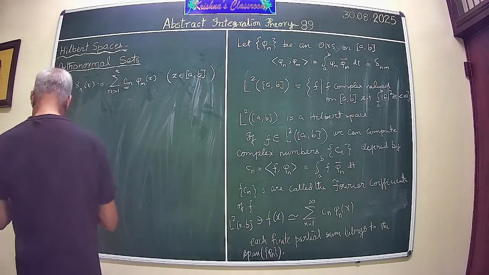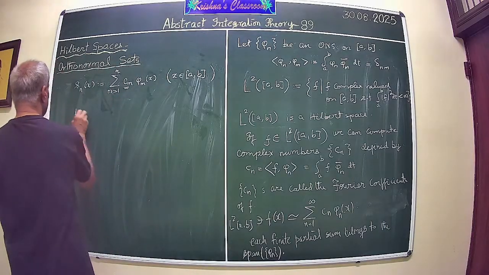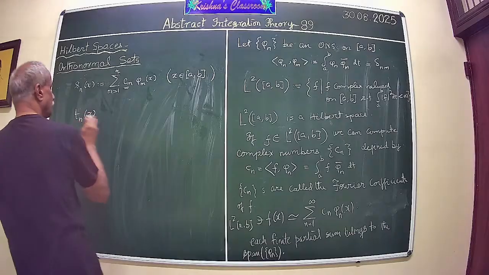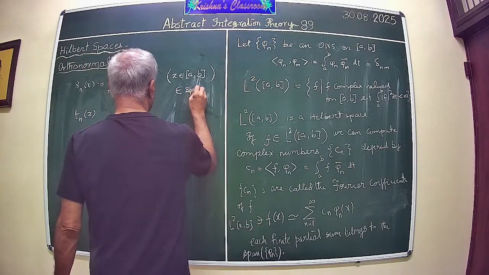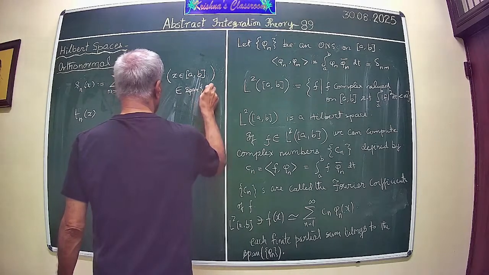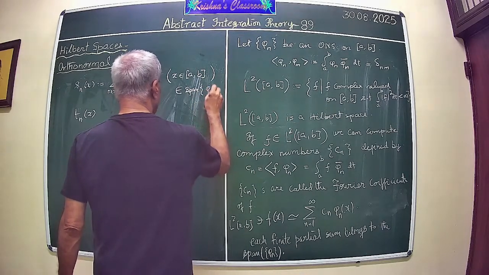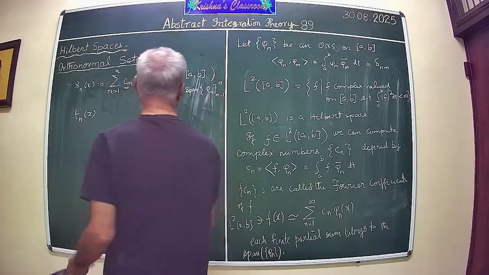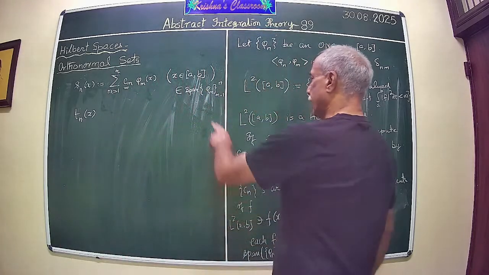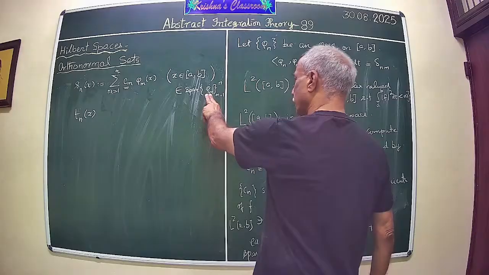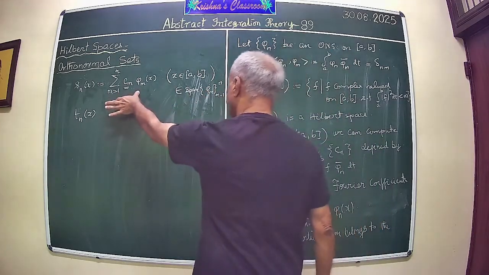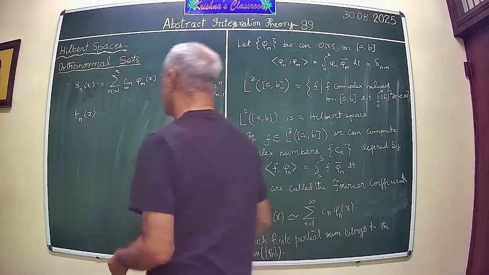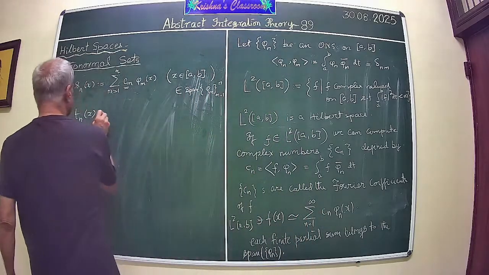Now you take another T_n(x). Now this belongs to the span of phi_1, phi_2, etc., phi_n. So you are taking n vectors and taking the span of that, so this is an element of the span.